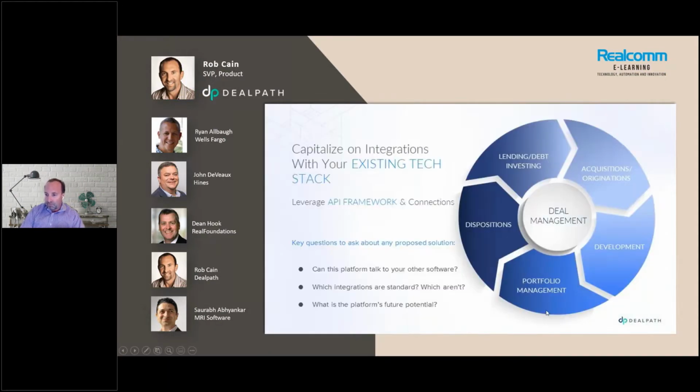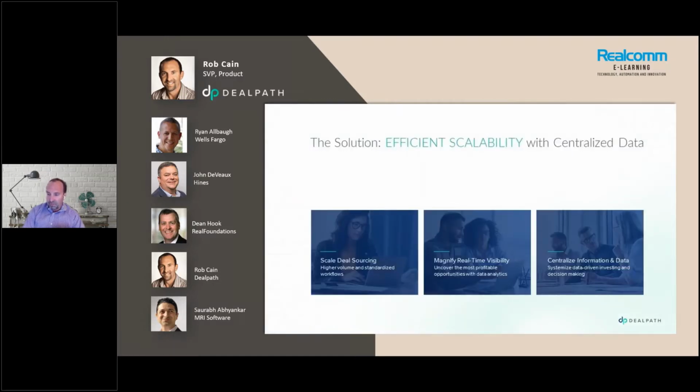So, sorry, I'm going to skip ahead. There we go. So the solution to that was to build a scalable, centralized, cloud-based application that would allow real estate organizations to source deals, manage information in a single system of record, and then be able to report to and involve all the key individuals involved in the process.